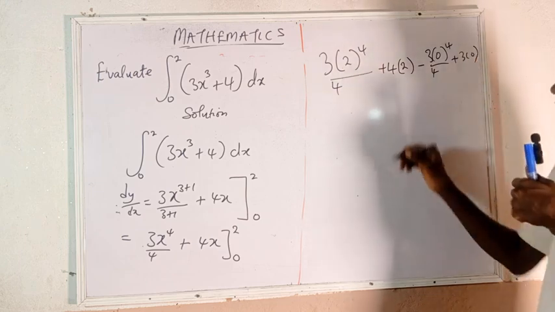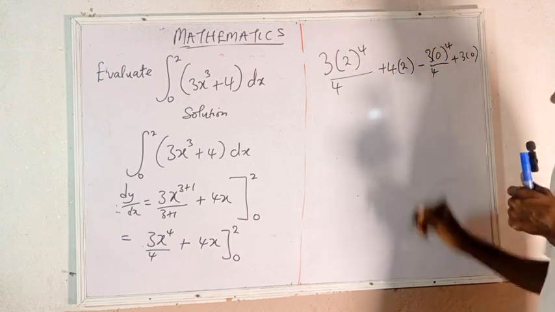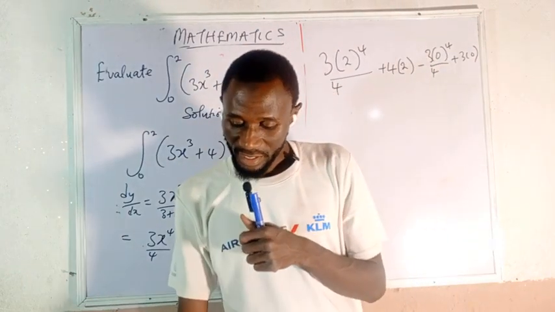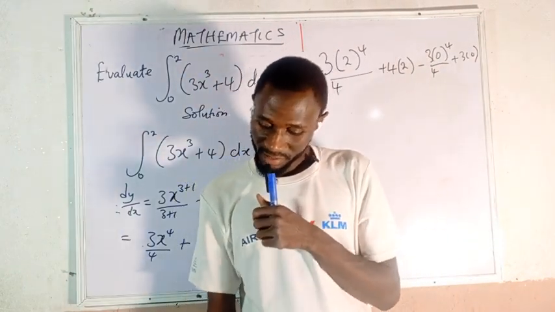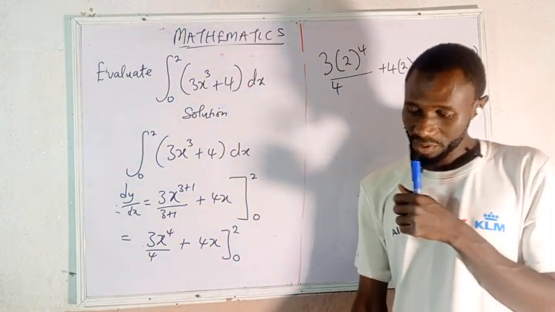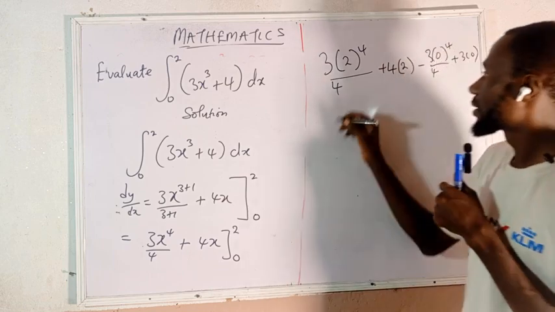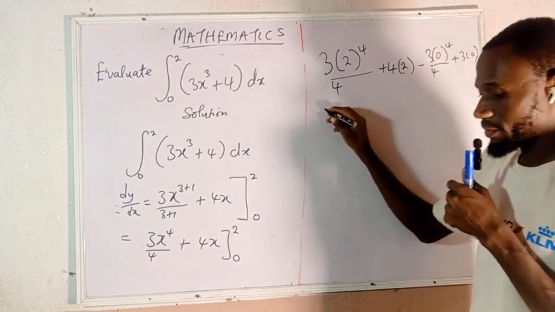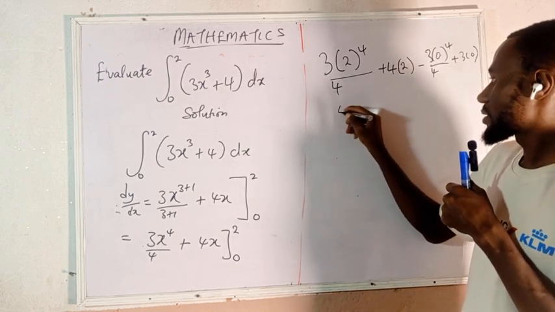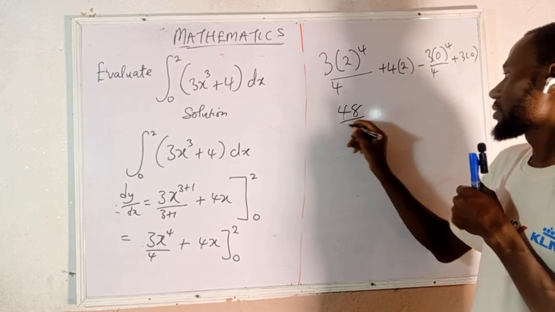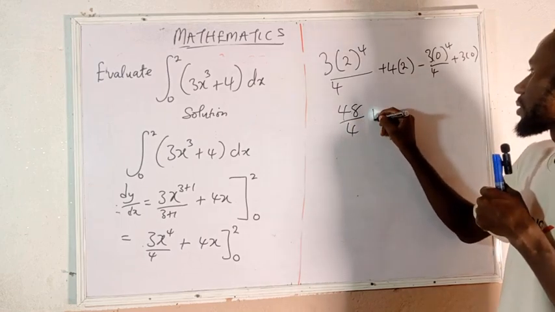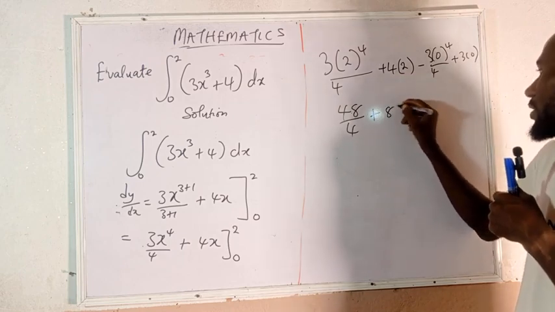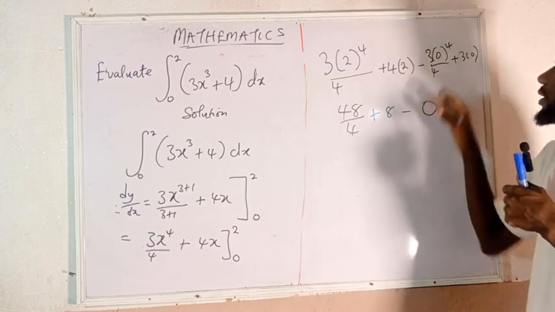Now we have 3 raised to the power 4. If you press 3 raised to the power 4, you get 48 all over 4, plus 2 times 4 times 2, here we have 8, minus 0.